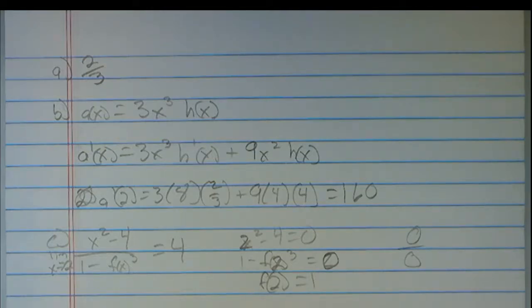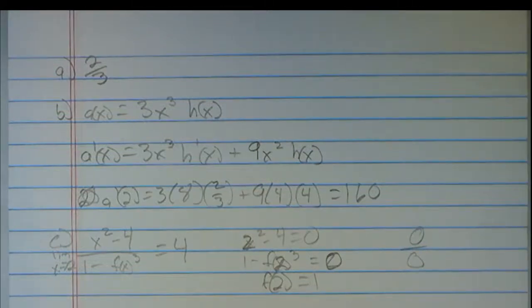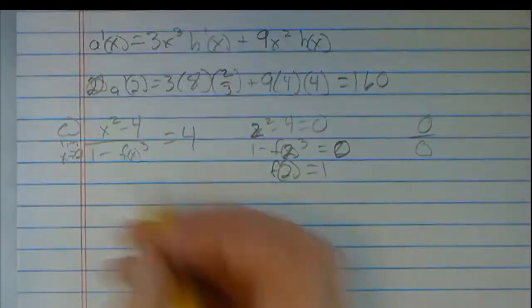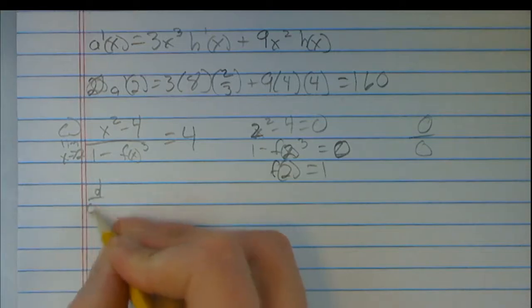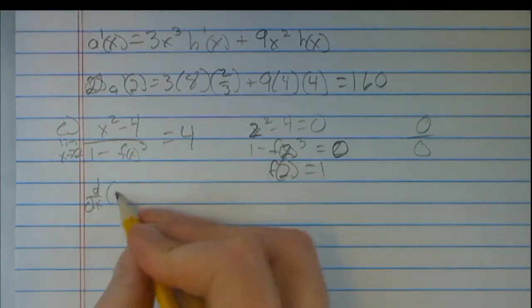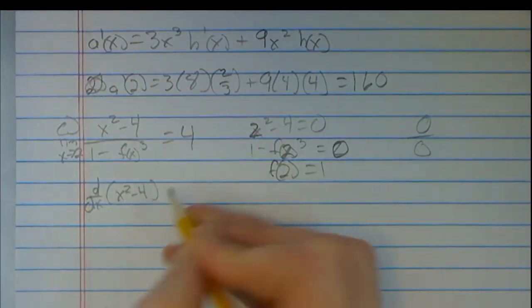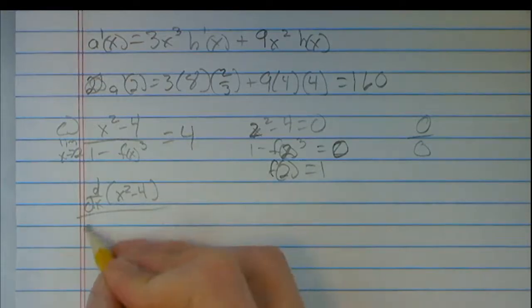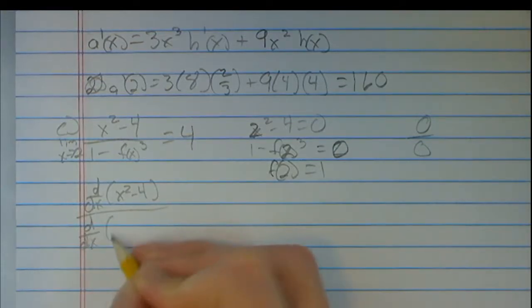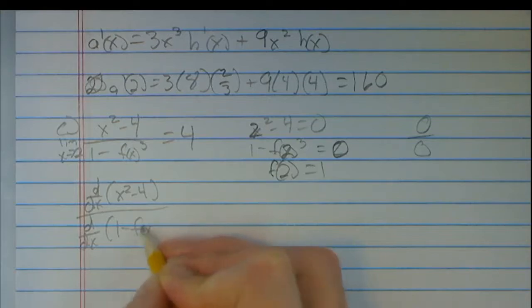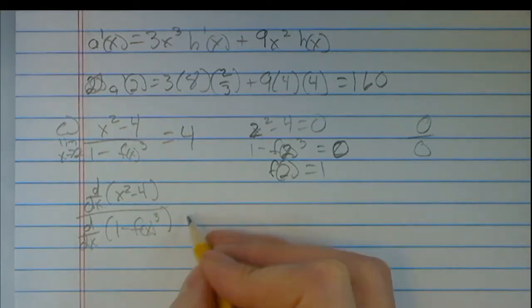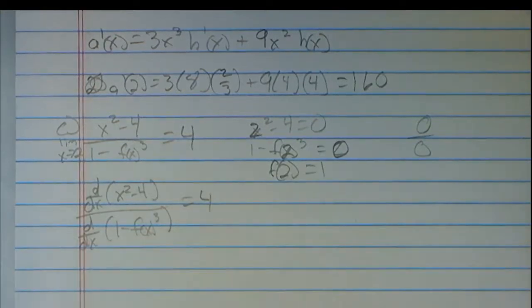The second thing is that L'Hopital's rule is when I take the derivative of this over the derivative of that, that's when I actually get 4. So the derivative over the derivative is equal to 4.